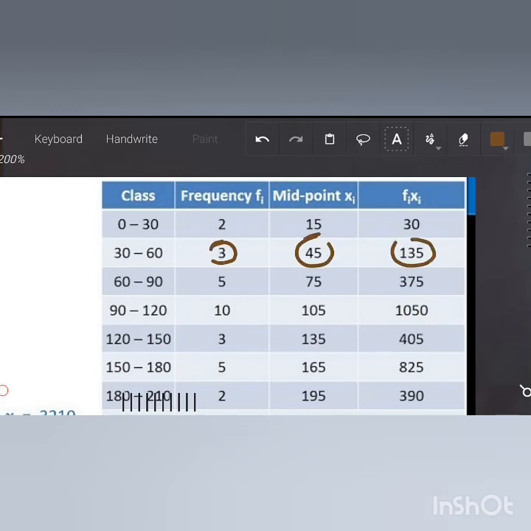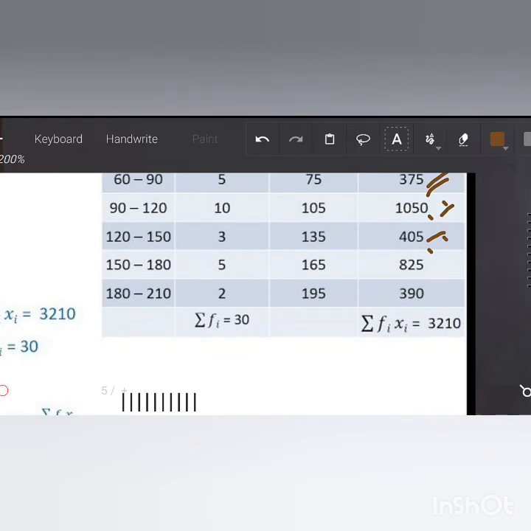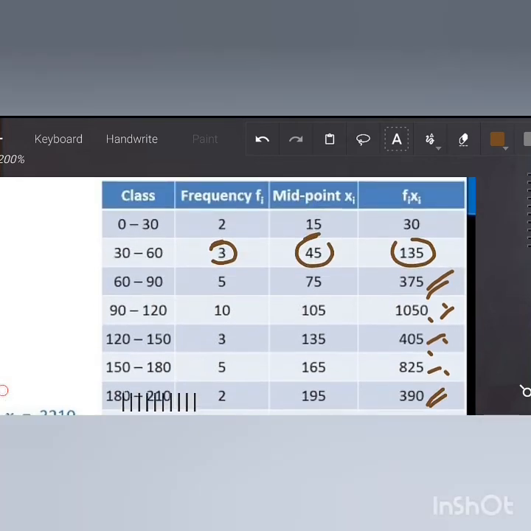Similarly 5 into 75 is 375. 10 into 105 is 1050 and 3 into 135 is 405. 5 into 165 is 825 and in the same way 2 into 195 is 390. So we got all the products of frequencies and mid values.